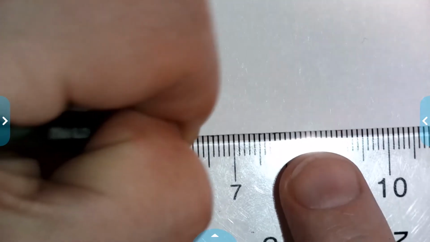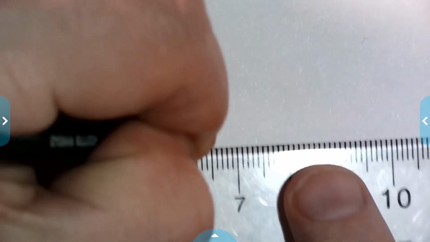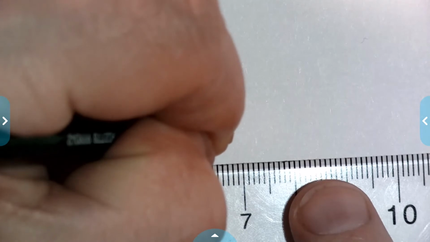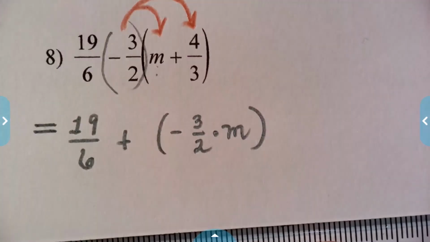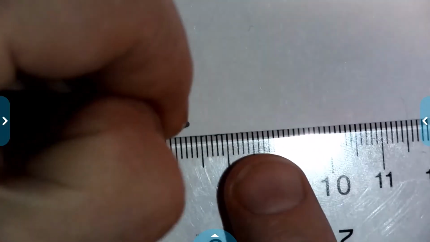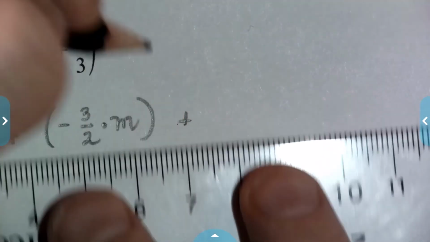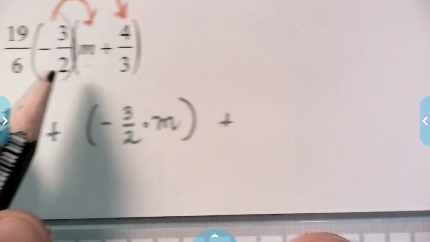So I've got -3/2 times m plus -3/2 times 4/3.